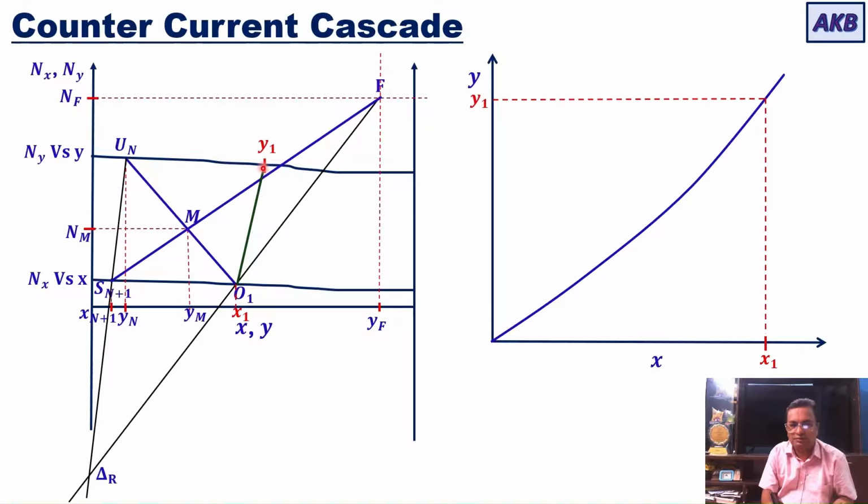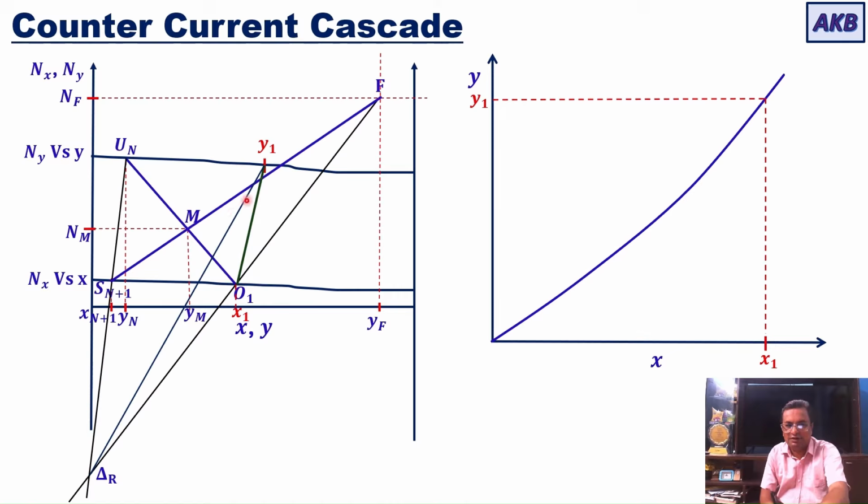So now Y1 corresponds to the underflow that is coming out of stage number 1. Now it will be contacted with the solvent, or the overflow, that is coming from stage number 2. So for that I will connect Y1 with delta R by a straight line.